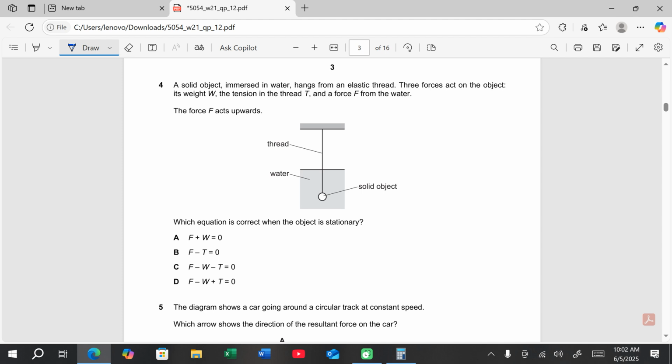Since force F is upward and tension also is upward, therefore these two forces T plus F has to be equal to weight. So if I take it to this side, this is going to be T minus W plus F equals 0. So that is going to be D.